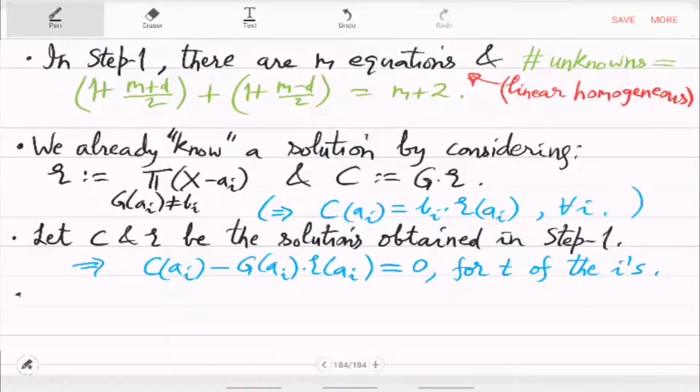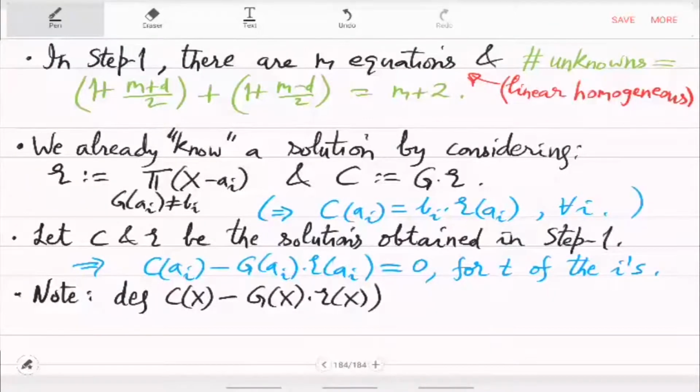Now, note that if you look at the degree of C(x) minus G(x) times E(x), well, C(x) is degree m plus d by 2 and G times E is also the same.